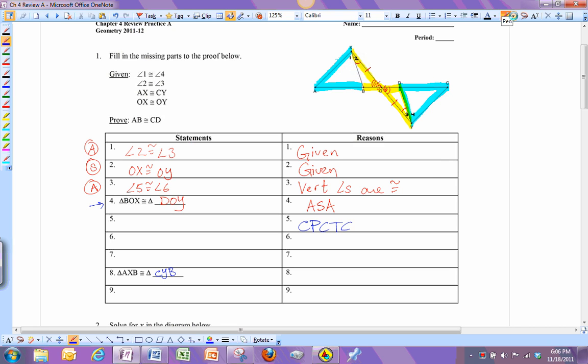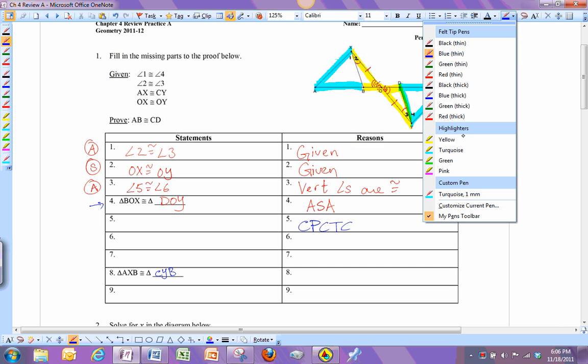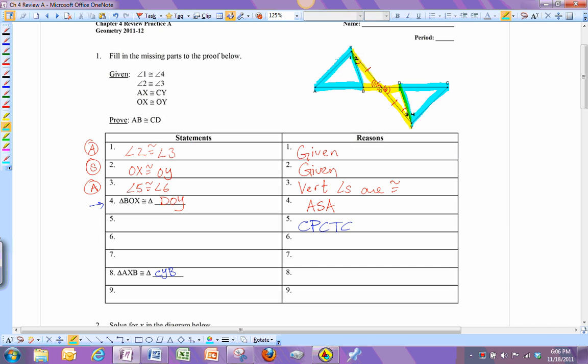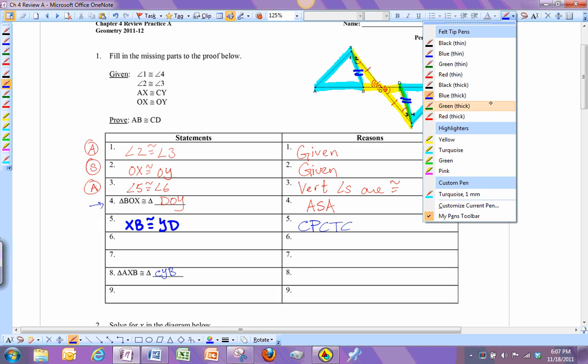Whoops, let me put that back. There. They share this side and this side. Those go together, right? They were parts of my yellow triangles, so XB goes with YD because of CPCTC. They're parts of those yellow triangles that match up.